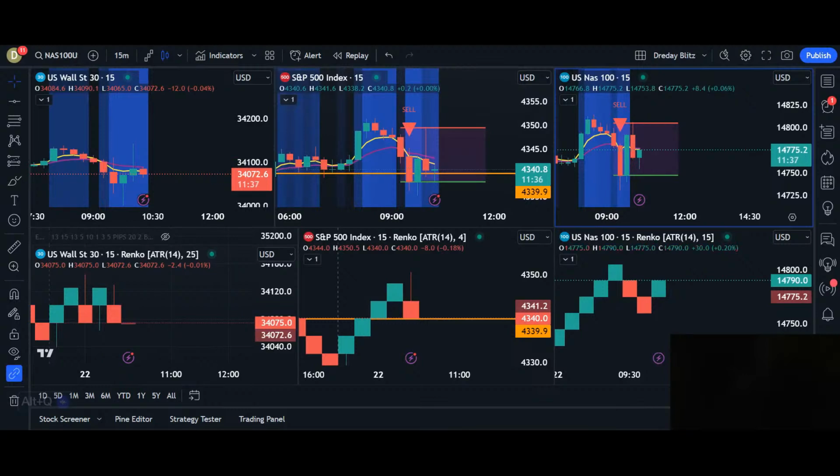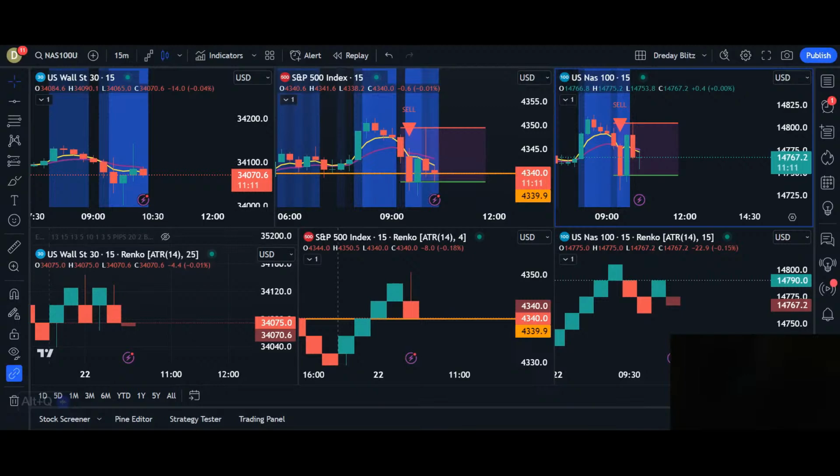The reason why is that you're able to catch the move a little bit earlier and get some quick scalps in the news event. Because right now, if you saw, it went up and then went back down.